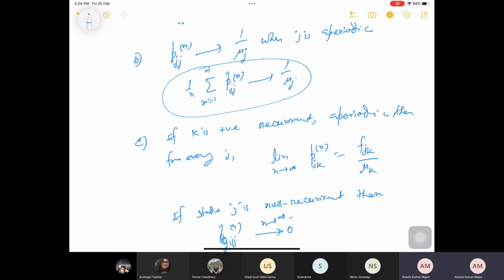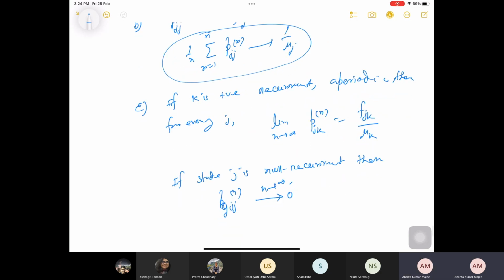And if j is null recurrent, then Pjj of n goes to 0. Okay, I'll stop now, and next class I'll talk about finite Markov chains and certain properties of that.